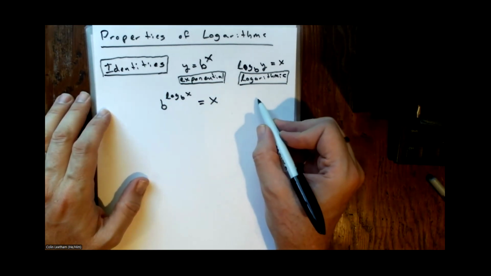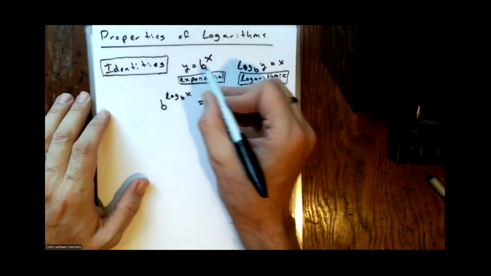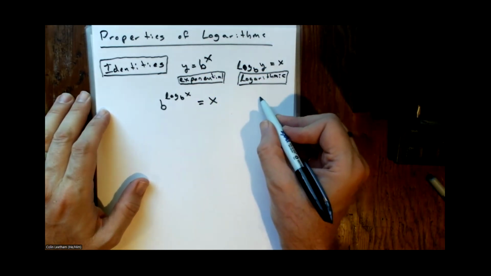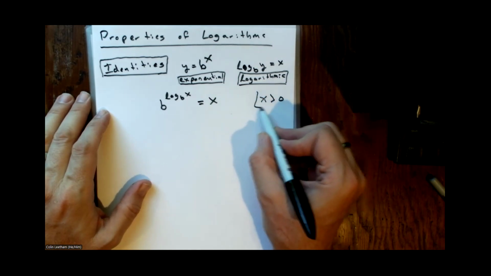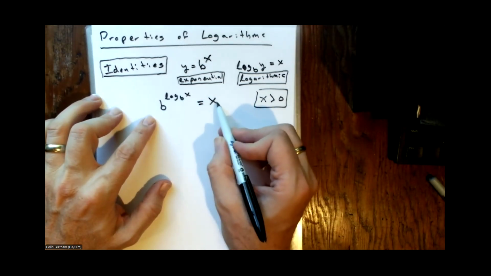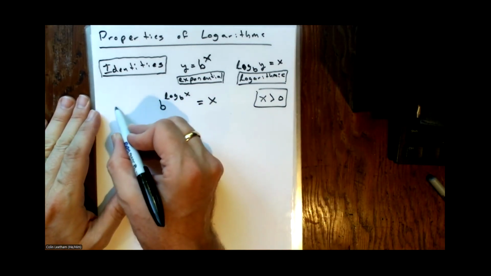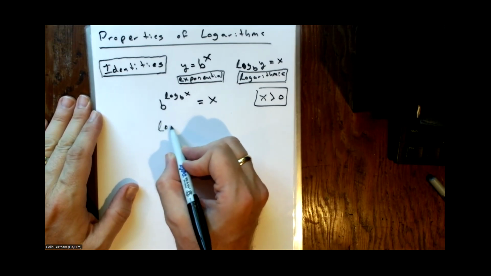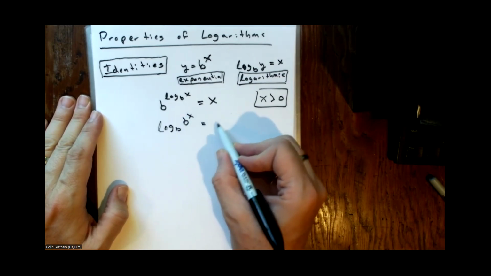With this, one thing that always has to be the case is that x has to be greater than 0, because I couldn't take an exponent and end up with a negative number. The next one we are going to use is, if I've got log base b of b to the x, this is also just equal to x.